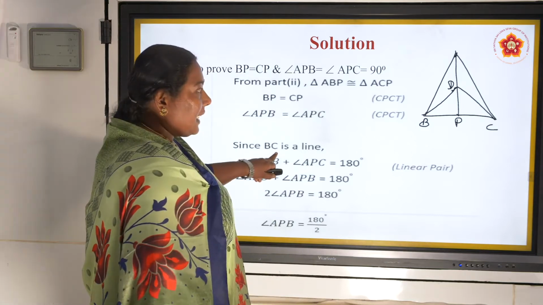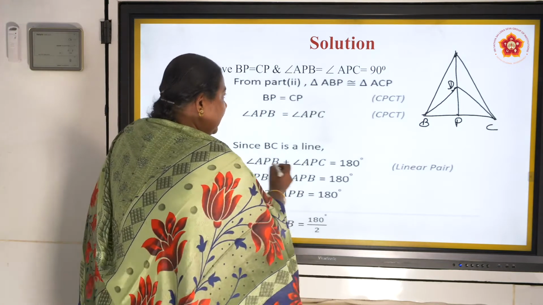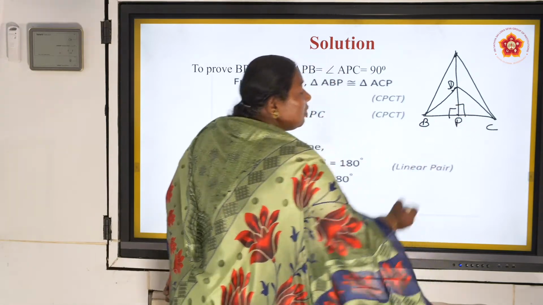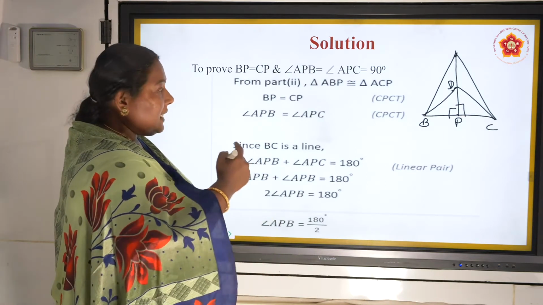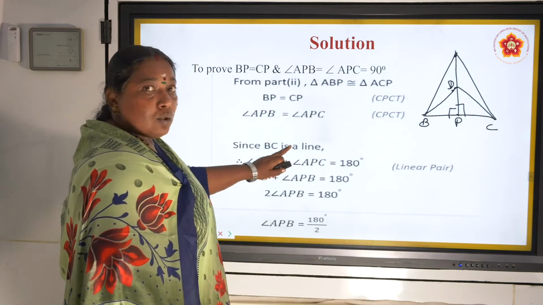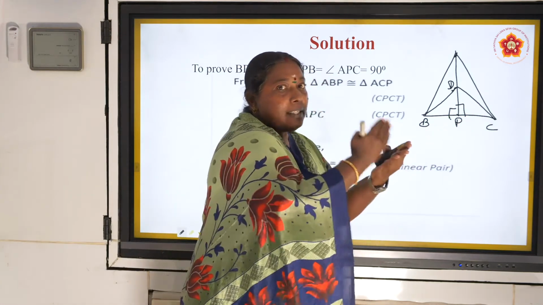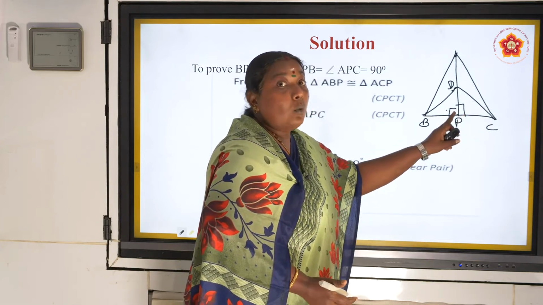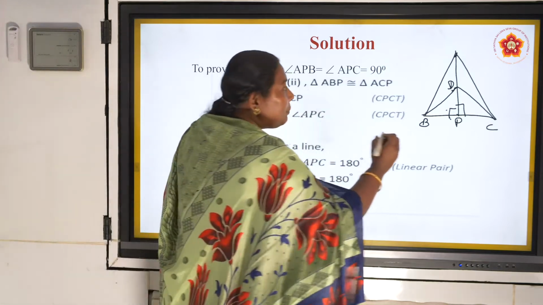Since BC is a line, if I add these two, I must get 180 degrees. Is it right? BC is a straight line. So if I add the corresponding adjacent angles, these two, I should get 180 degrees, right?